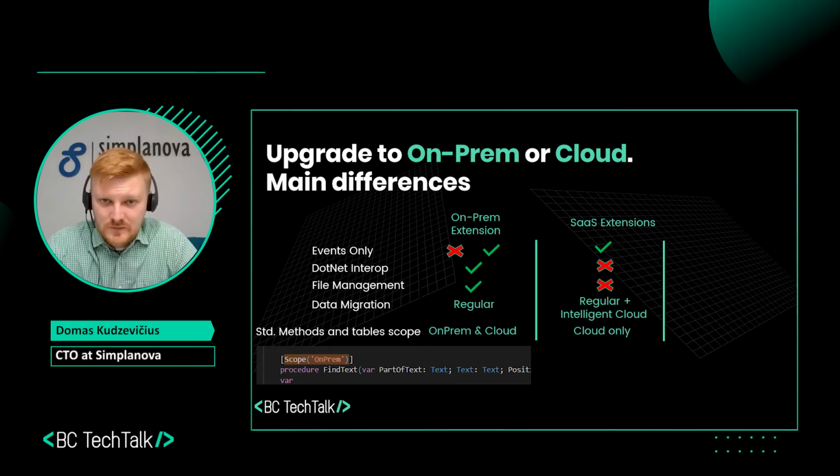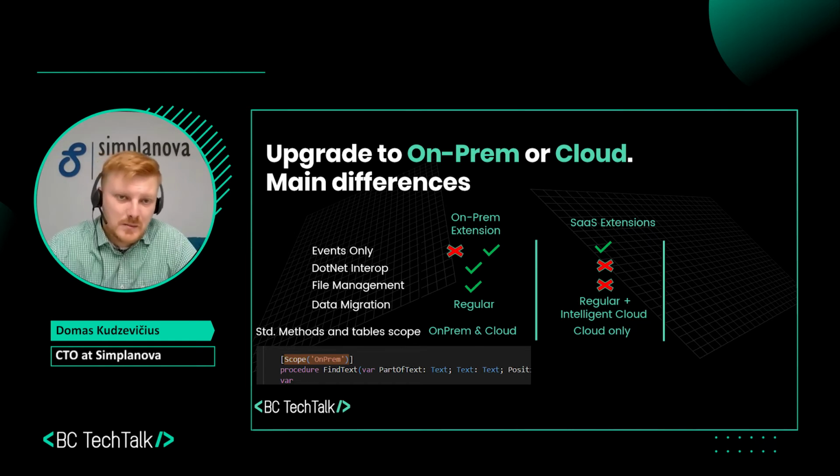And if you are going to the SaaS extension, then you need to get rid of all the .NET Interop functionalities and redesign them using standard APIs or standard provided objects, like for the web service calls and so on. So that's where additional time will be required for the refactoring.